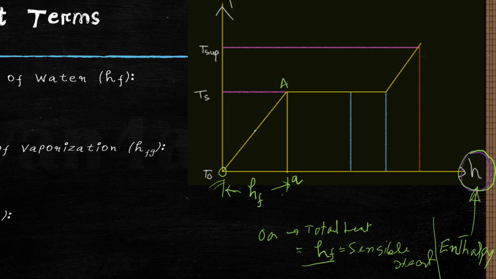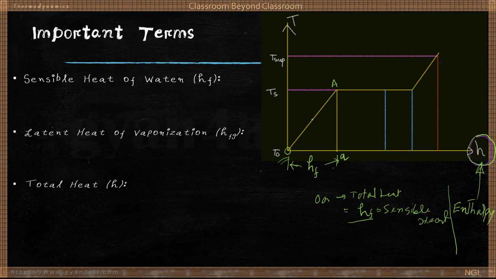Up to that point we have to add some heat, and that amount of heat is called the sensible heat of water, HF. This is the sensible part. We can sense, we can see, we can measure the increase in temperature.